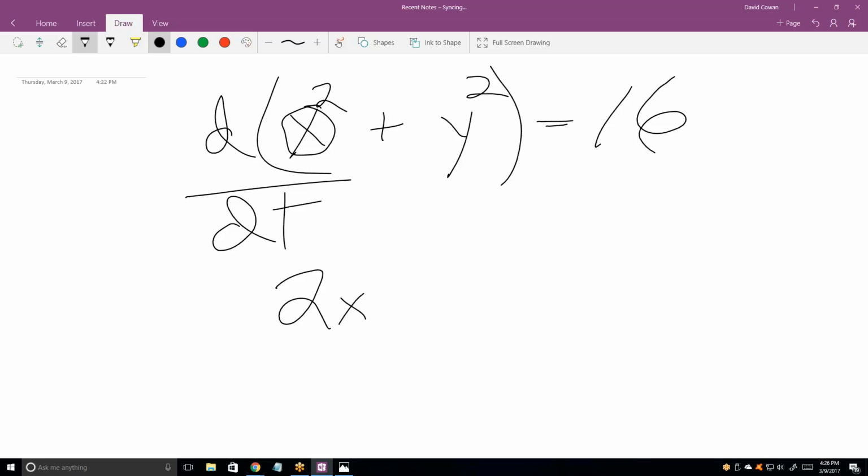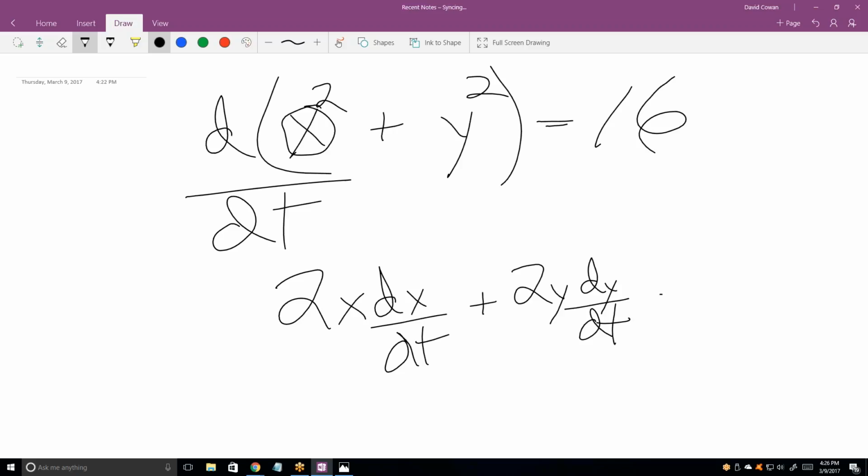Therefore, you have to follow with dx/dt, plus 2y dy/dt. And the derivative of the right side is still 0. Now, the question was not to solve for dy/dx. The question was just to implicitly differentiate it with respect to t.